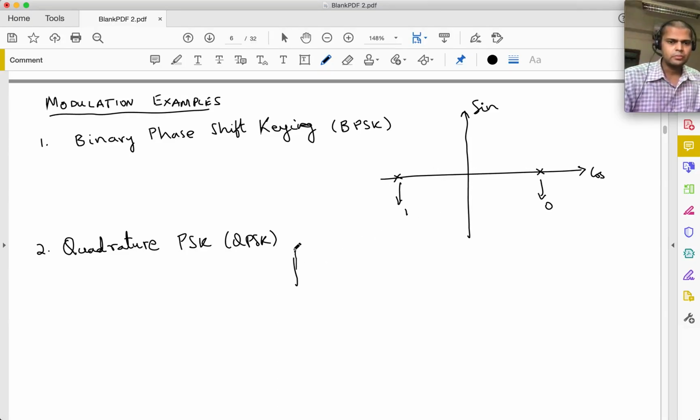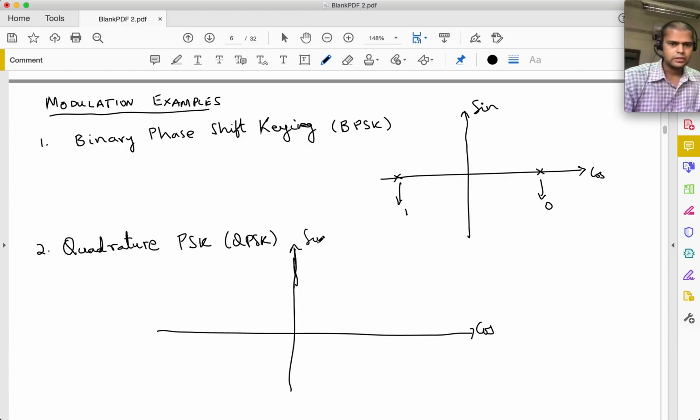I can send more points, and that might have some advantage. So here I have cos and sine. Let me send 4 points. This one is at 45 degrees, then you add another 90 degrees, another 90 degrees, another 90 degrees.